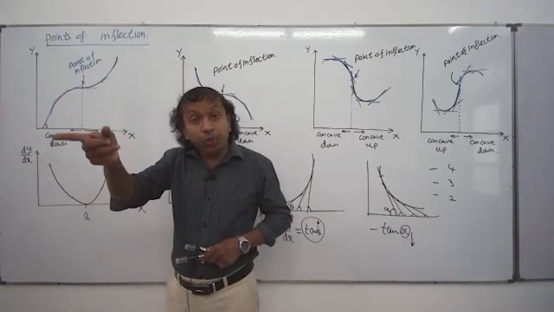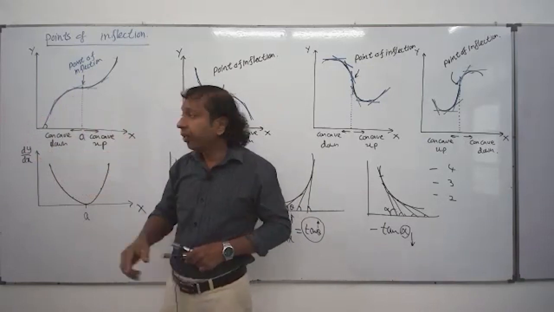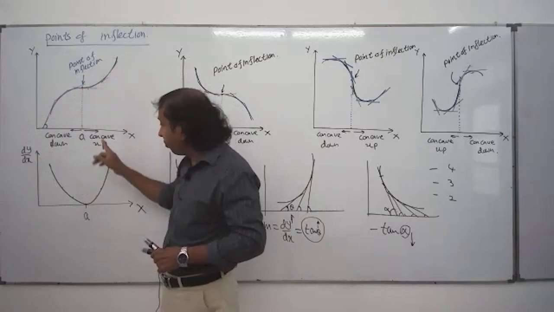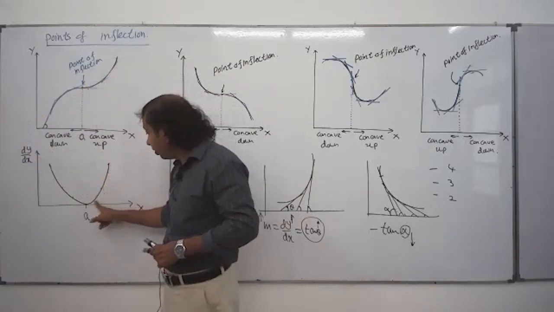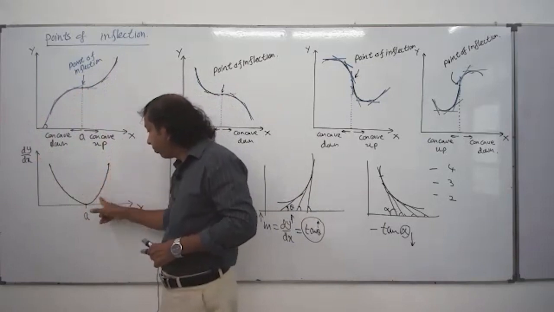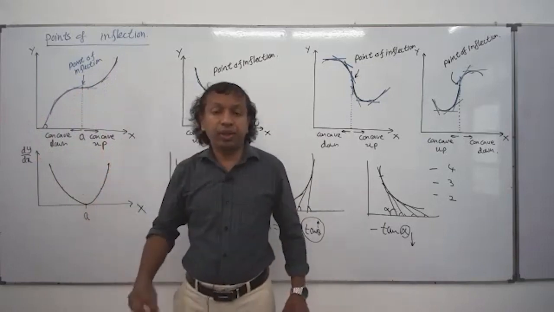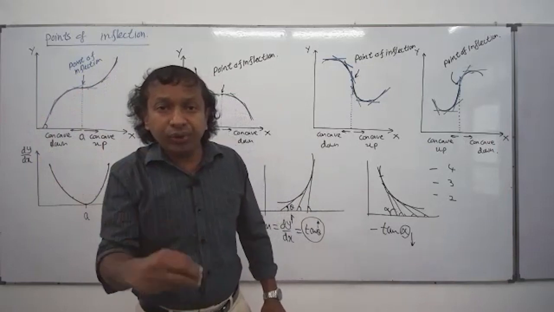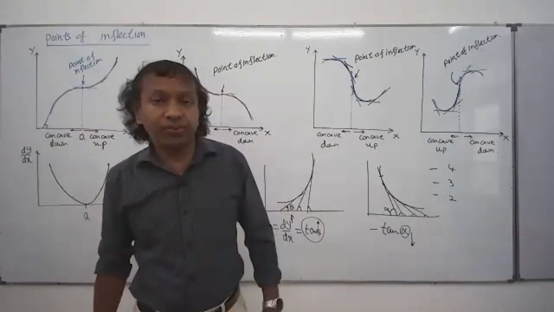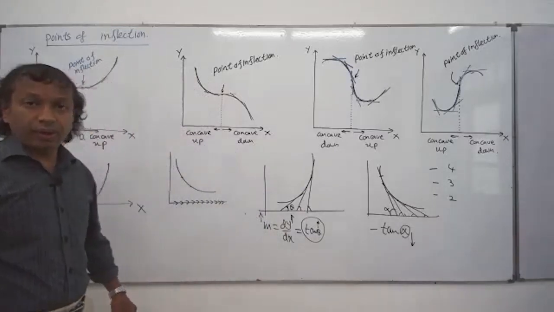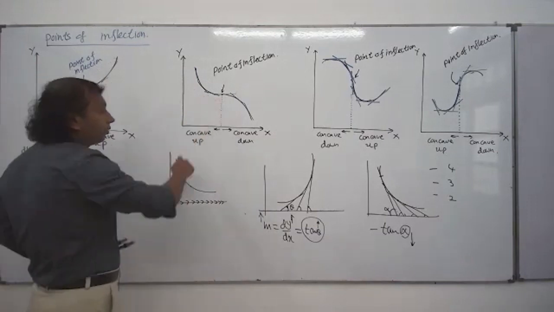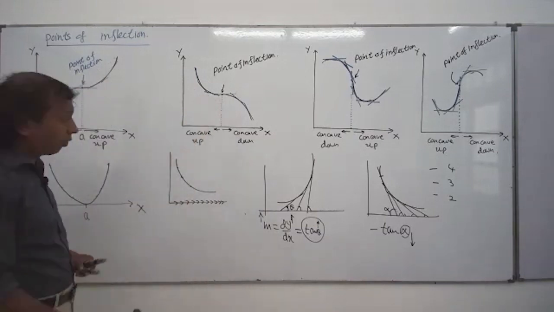If the graph is concave up, here after this A, the corresponding second derivative, meaning the gradient of this graph, is positive. So if the graph is concave down, the second derivative is negative; concave up, the second derivative is positive. That is the relation we can see from these graphs. Okay, right? Similarly, if I construct here, again you can see that property.